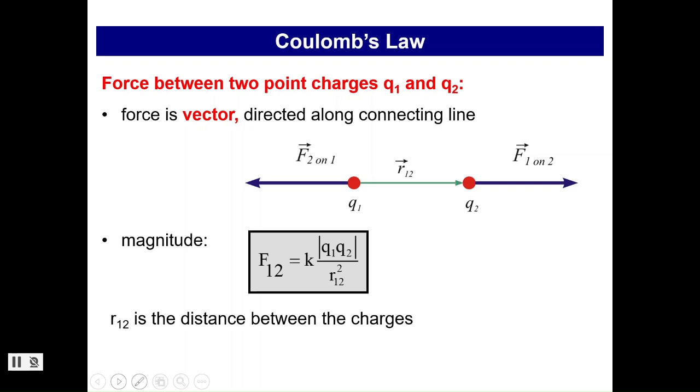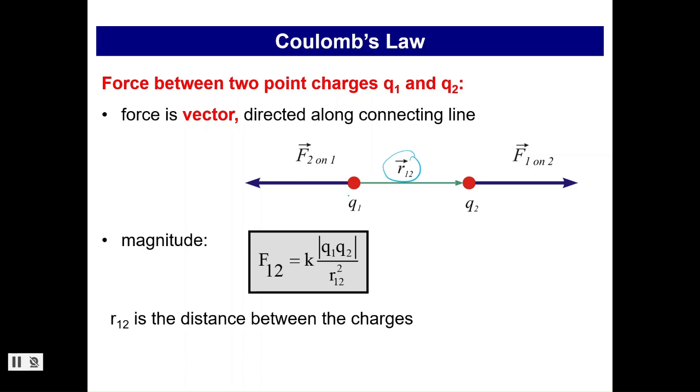But what it says is basically if you have two point charges, there's going to be a force of attraction or repulsion between them. It always acts directly along the line between them when they're separated at some distance r. There is a vector calculus definition of this equation in which r is a vector, but we're not going to use that version of the equation.